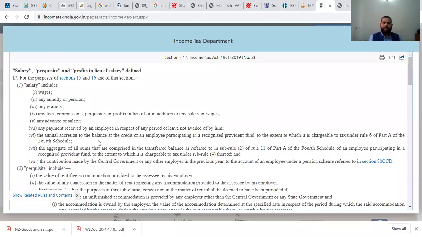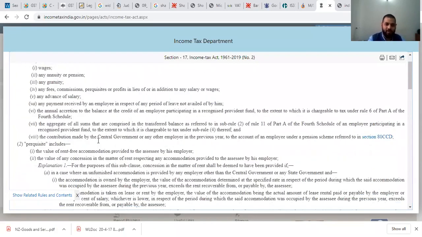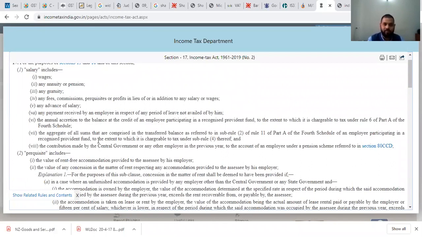I'll share it on the screen. Section 17(1): for the purposes of sections 15 and 16 and of this section, salary includes, so there are around eight components. I think we can directly refer to serial number 4: any fees, commission, perquisites, or profits in lieu of or in addition to any salary or wages.